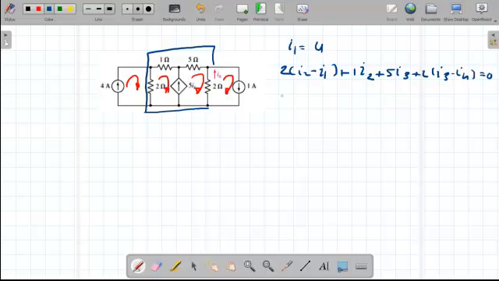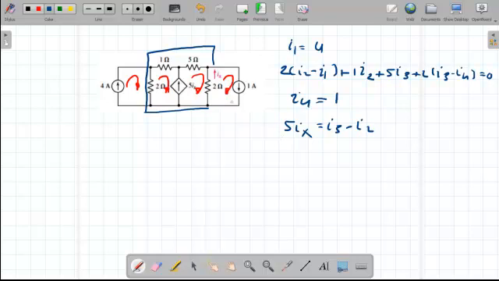Then from mesh 4, we can say I4 equals 1. We need a fourth equation. We can get it from here. What we can see is that 5Ix is upwards, and upwards is in the direction of I3, so it equals I3 minus I2.